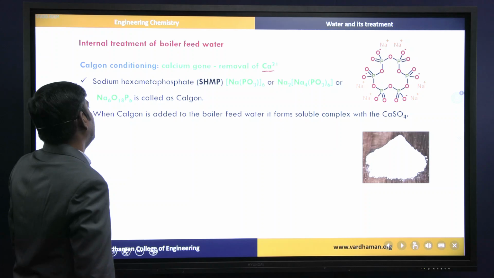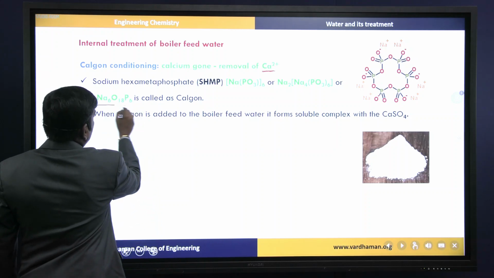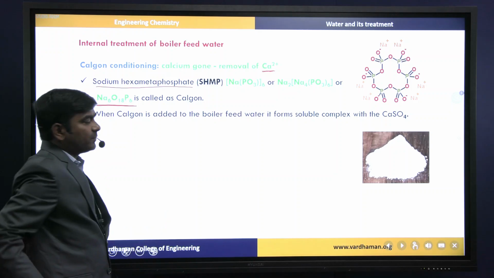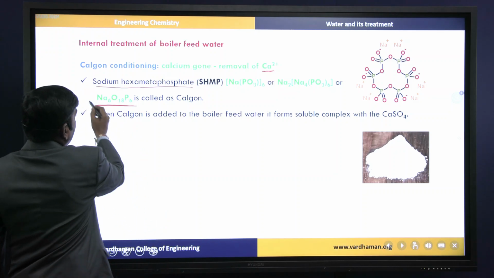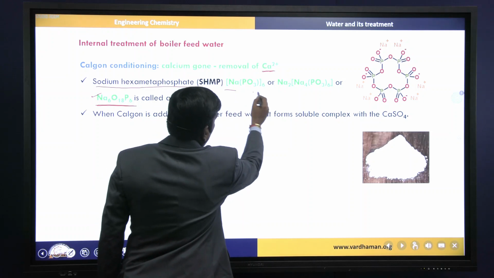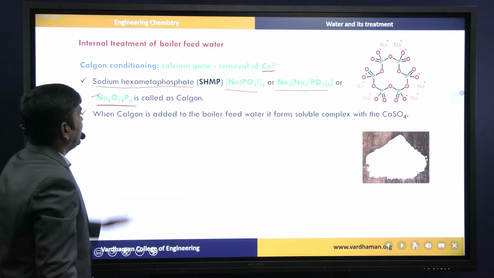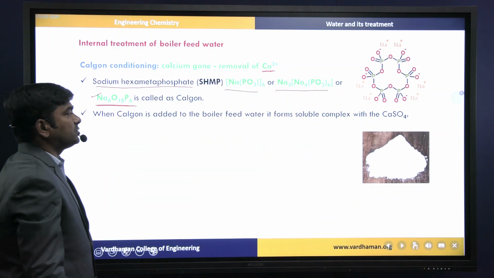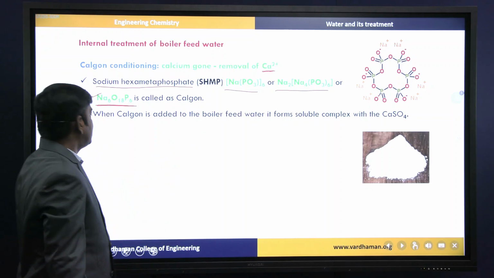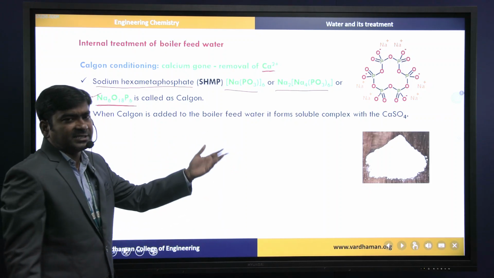So what is Calgon here? Calgon is called sodium hexametaphosphate. Its formula is Na6O18P6. Actually it is a complex compound. It is used to remove particularly calcium based salts, calcium plus 2 salts.